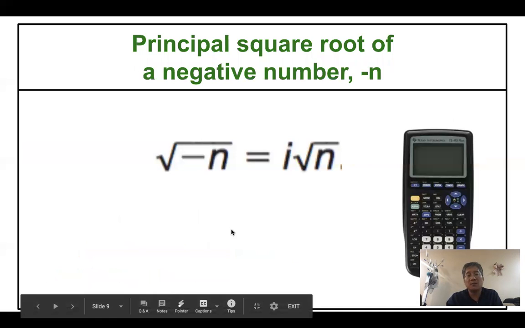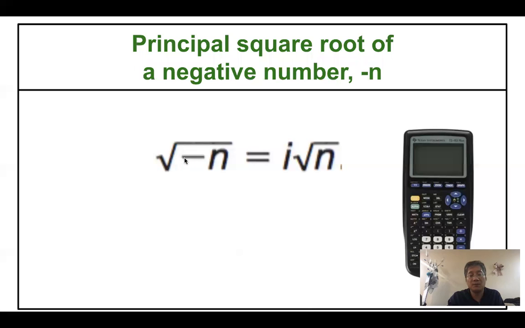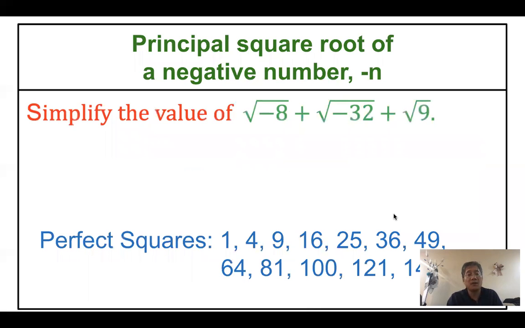Negative in the square root is imaginary, comes out as i, right? If you put it into the calculator, it cannot do anything, gives you an error. So today we are going to simplify, right? We are going to practice how to simplify these kinds of expressions.